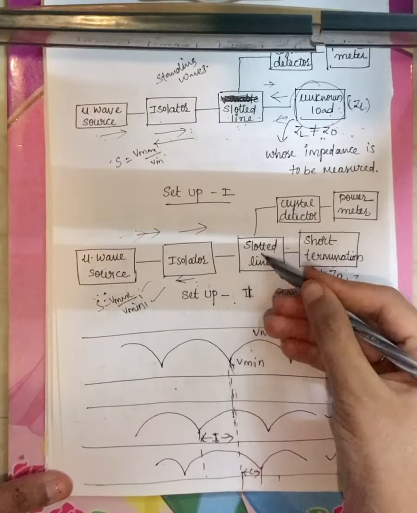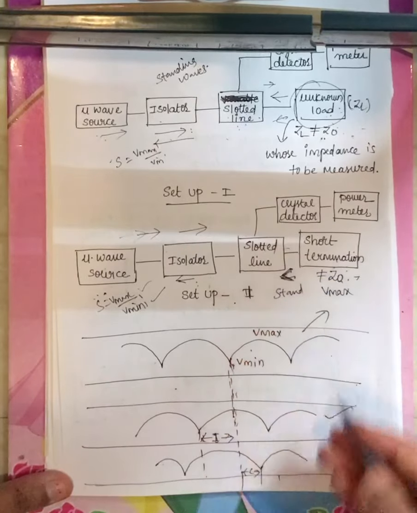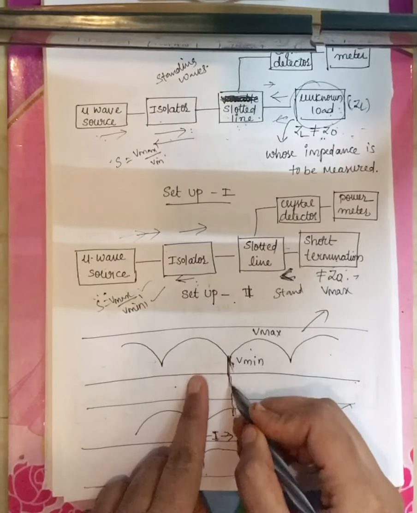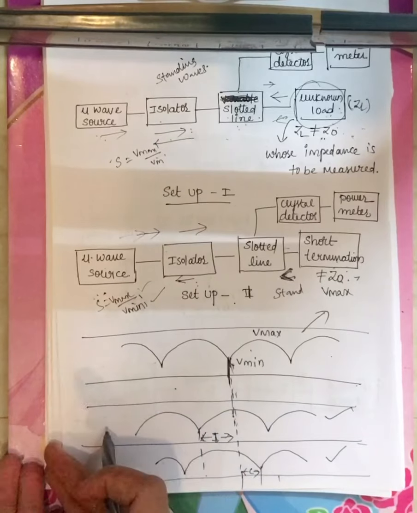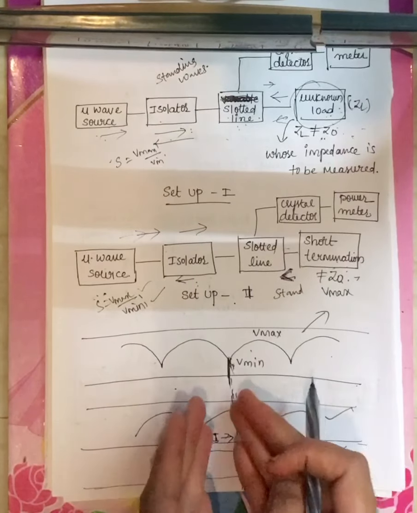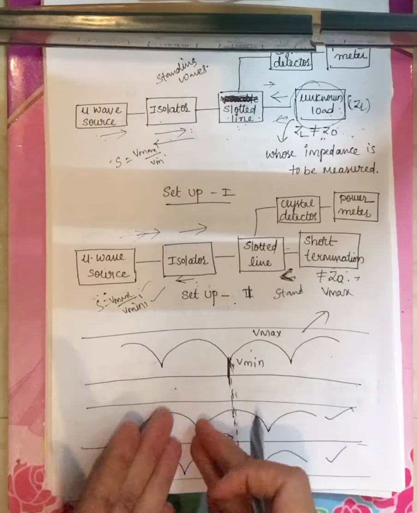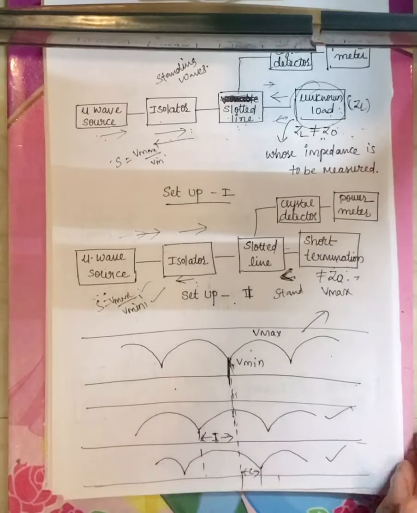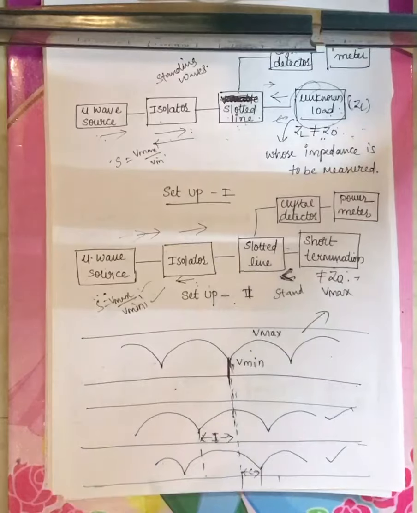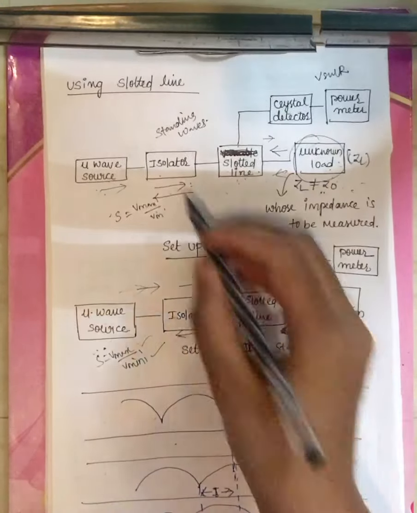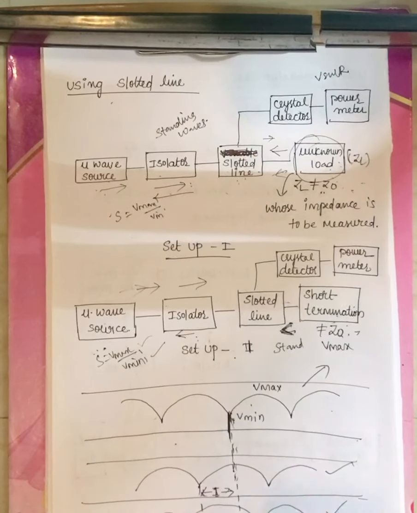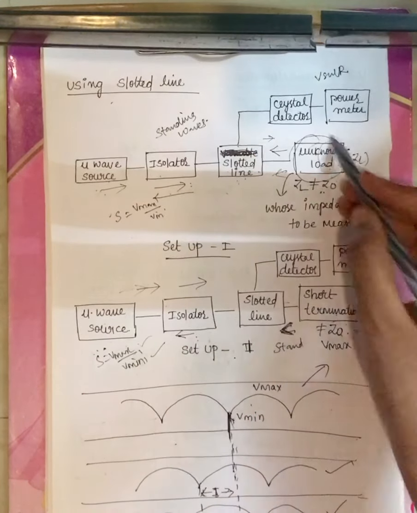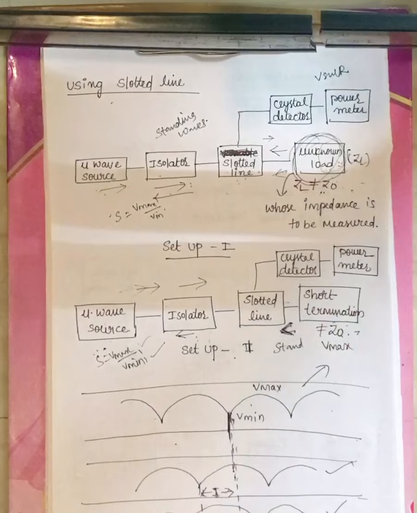If you draw the standing waves for setup 2, this particular shift may be either to the left or to the right. If it shifts to the left, we say that the impedance is inductive. If it shifts to the right, the impedance is capacitive. Using this recorded data and the Smith chart, you can find the impedance of a particular load, whatever impedance we want to measure.